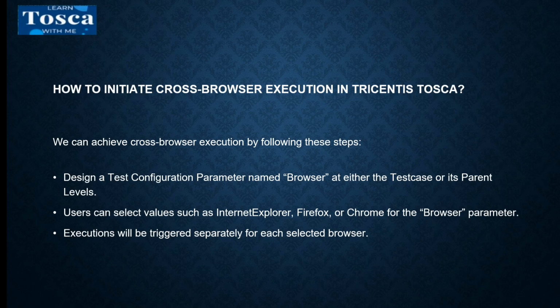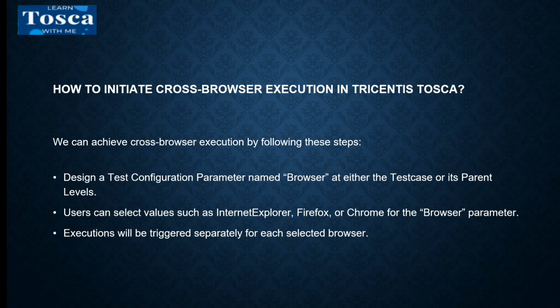At that time, whatever value you have given in the attribute, like Chrome for the first test case, will come at runtime and sit in the browser configuration parameter where you have given the buffer name.